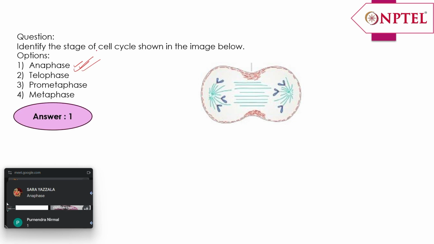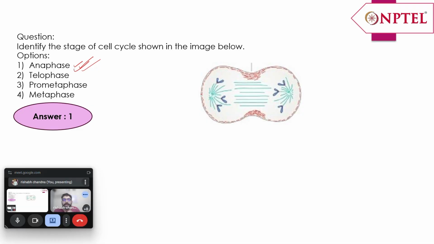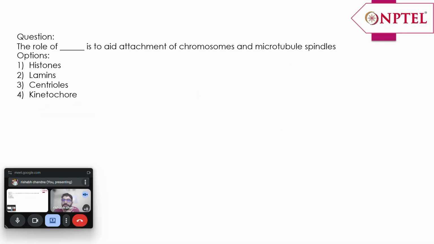Yes. So the correct answer is anaphase. And how is it anaphase? Because the sister chromatids have reached the opposite poles and the spindle fibers also start to disintegrate. Okay. So this is the anaphase.